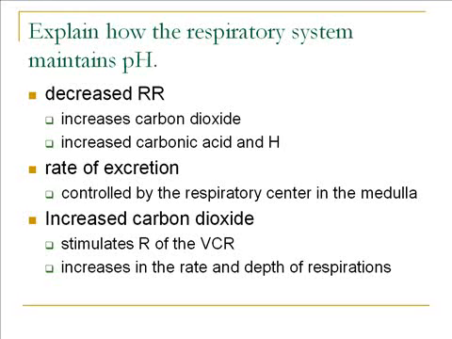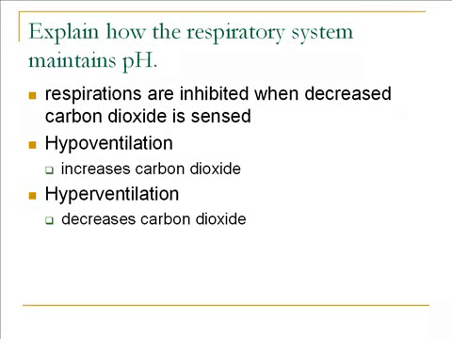In turn, it increases our respiratory rate to stimulate the rate and depth of respirations, and then we exhale. Likewise, our respirations are inhibited when our carbon dioxide level is normal. If we hypoventilate, carbon dioxide builds up in our body. If we hyperventilate, we lose carbon dioxide.